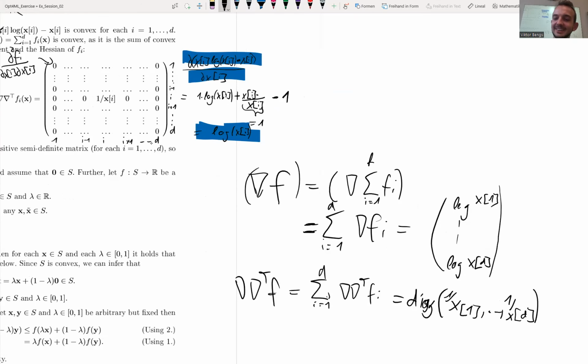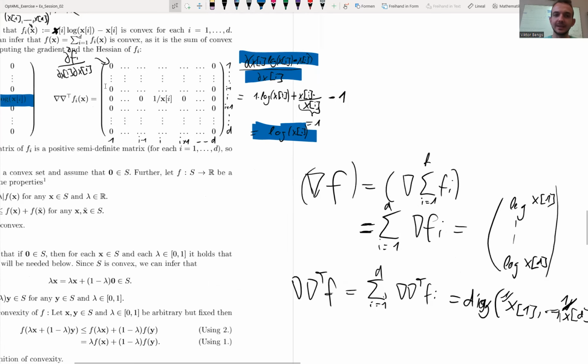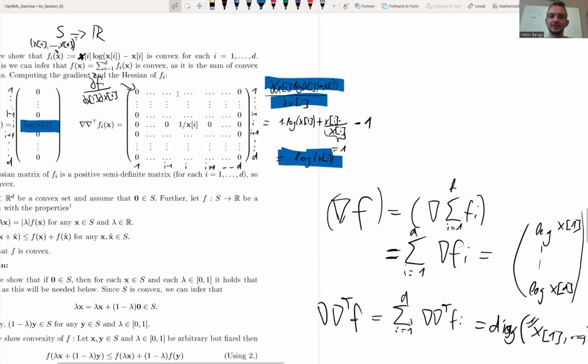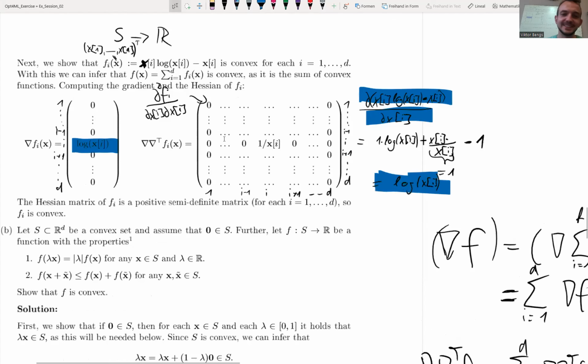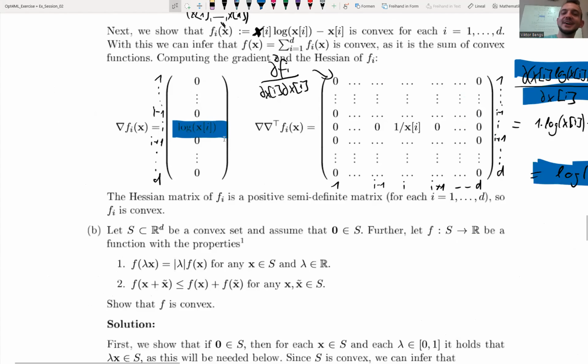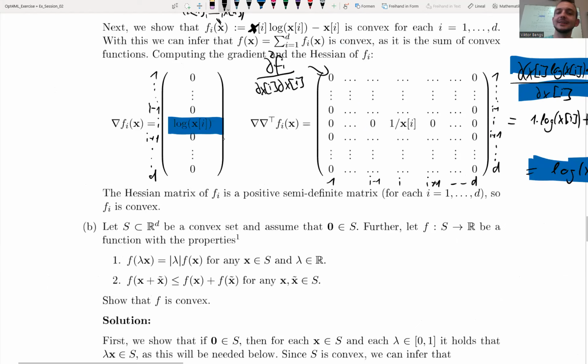If you just consider the second partial derivative of the i component, then yes, you only have one entry in the matrix. Exactly. So good then. Now we have both ways.